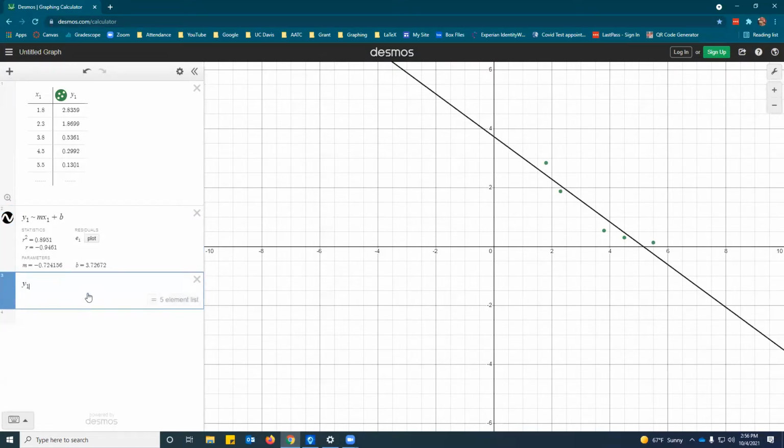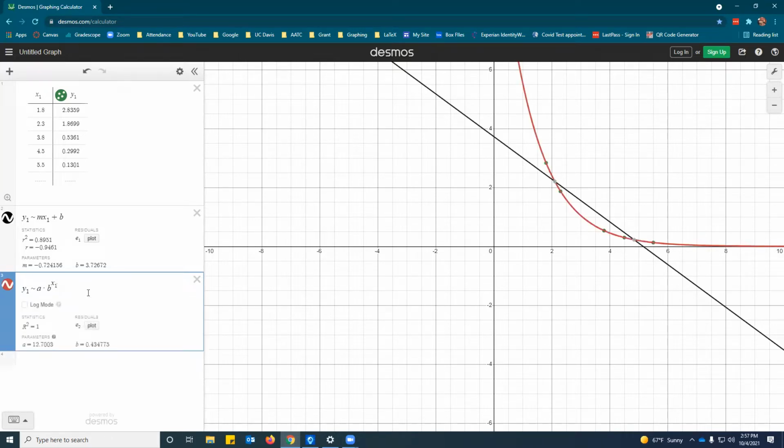I want to do an exponential regression. Well, I'm going to say it needs to look like an exponential function. A times b to the x sub 1. So looking at that, well, that's okay. Well, I clearly don't need to do the other one. What's my R value there? 1, right? That is the function. I probably should have started with that one.